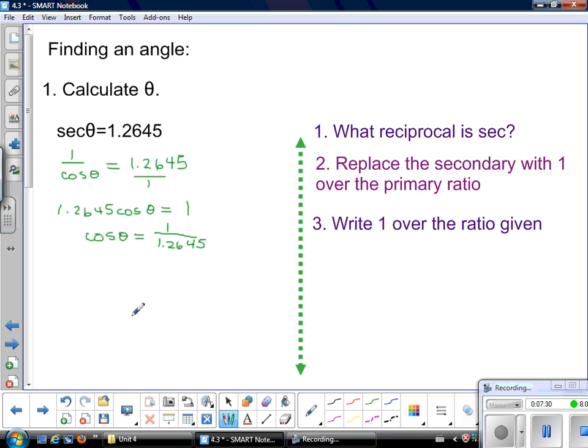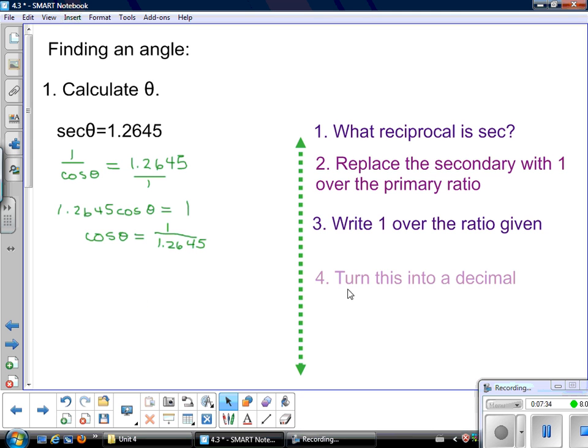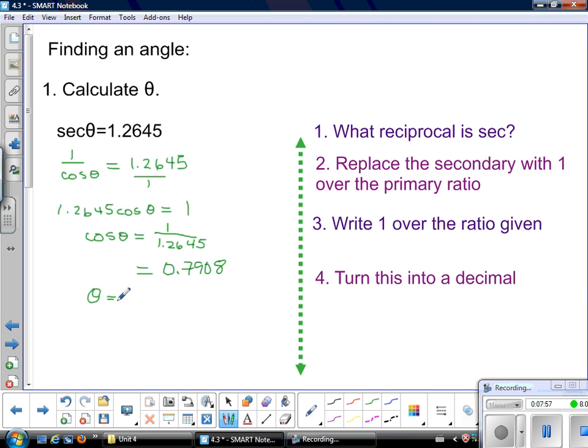Okay, so the next step I have to do then is turn this into a decimal that I'm going to use for my calculator. So when I take my calculator and actually divide 1 divided by that, I end up with 0.7908. And now to find theta, I'm going to take the cos inverse of that number.